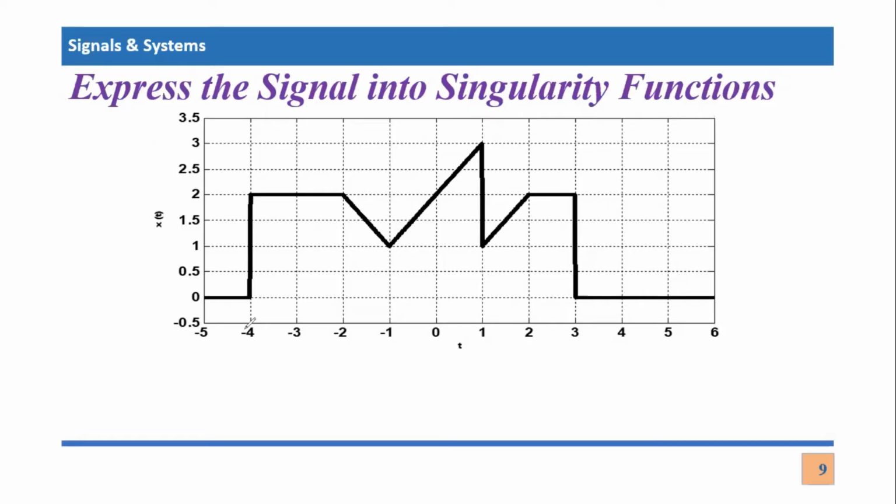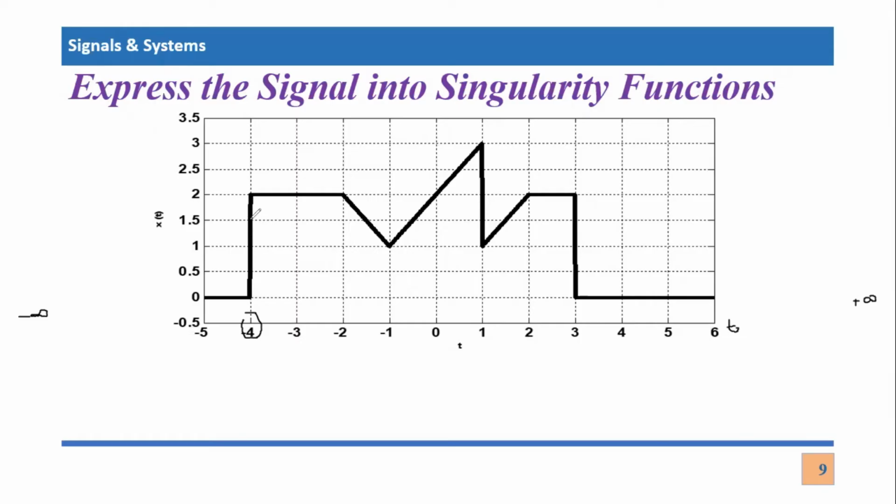This is the time axis, so somewhere here it will be minus infinity, and somewhere here it will be plus infinity, right? Eventually the signal starts from t equals -4. This is the point of t equals -4, so at this point the signal is starting, and we are observing its behavior.